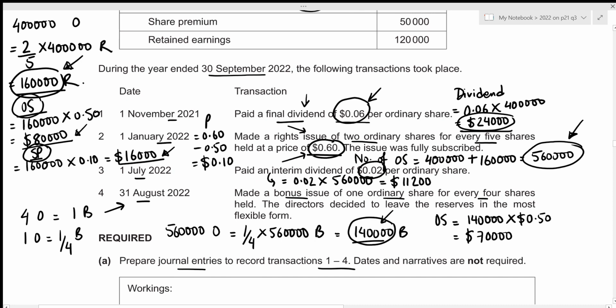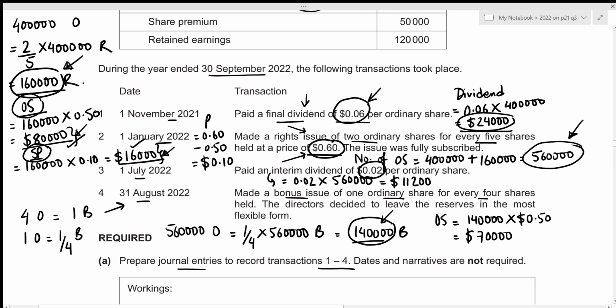Now let's talk about the debit side. While there is an increment in capital, this basically means that there is a cash inflow in our business, right? And the inflows will be recorded in our bank account because those shareholders will be paying this amount of 80,000 as our ordinary share and 16,000 as the share premium into the bank account of H Limited, which means that the bank balance will increase, and that increment in our bank balance is to be recorded on the debit side in the journal entry. And remember, our bank balance will be increased by 80,000 plus 16,000.